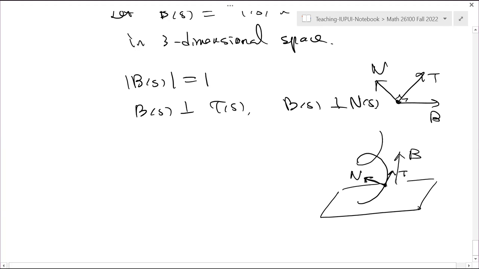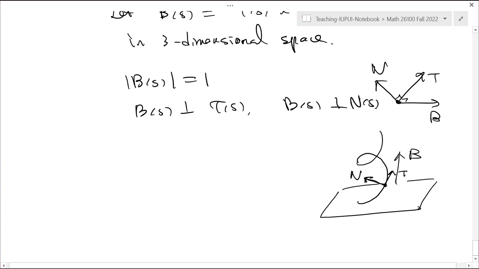Okay, so what do we want to do today? We want to compute the curvature even when we don't have the nice parameterization. Sometimes it's not easy to find a parameterization with unit length, where the tangent vector is unit length.